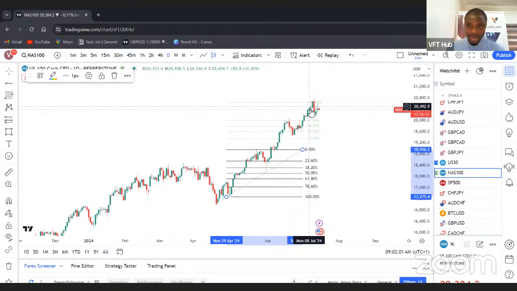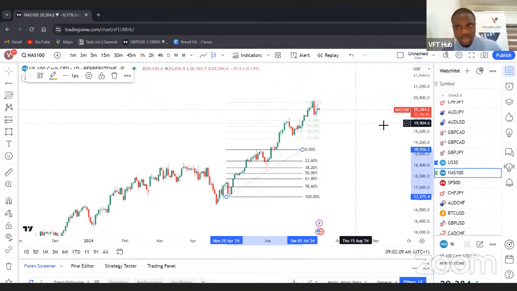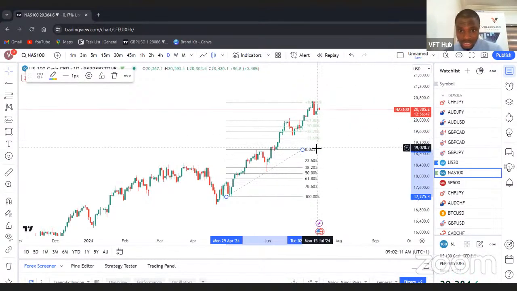The price is at 20,700-ish, 750-ish. US 30 just did its own 0.0 fib level, and it's quite normal, right? But now their movements are beginning to align. So we can as well start banking on the buy for US 30.